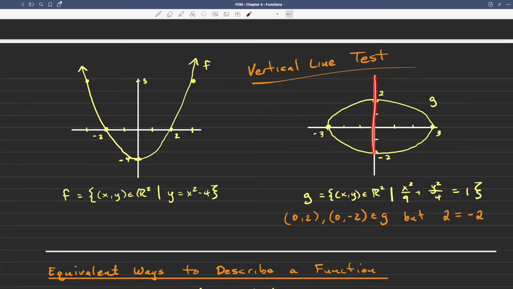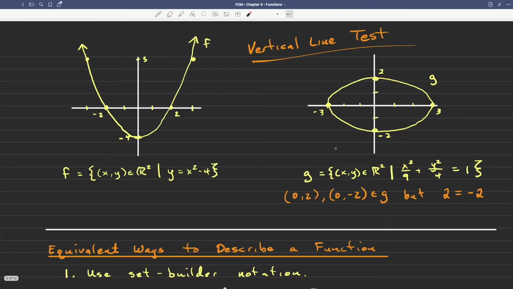Because those are the points where the vertical line in red here crosses the ellipse at those 2 points. So that's why the vertical line test is a nice visual. It gives you a quick way to find these 2 points that violate the function property. You get the 2 points, but their y components are not equal because they're crossing the graph at 2 different heights.